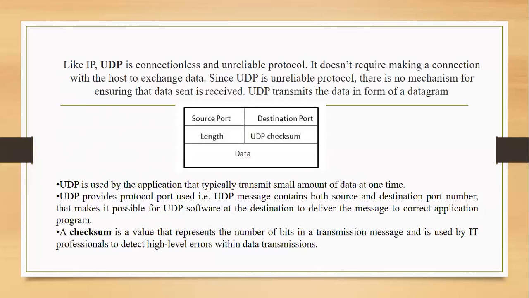UDP is used by applications that typically transmit a small amount of data at one time. UDP provides protocol ports, that is, a UDP message contains both source and destination port as shown in the diagram of UDP.